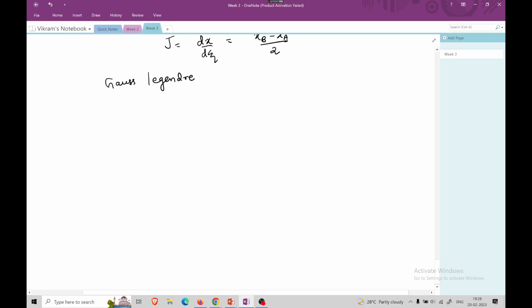So Gauss Legendre, in the sense, you have a function f of x from A to B. So this will be the trapezoidal rule.